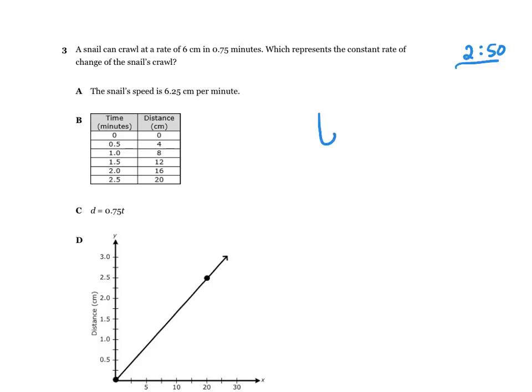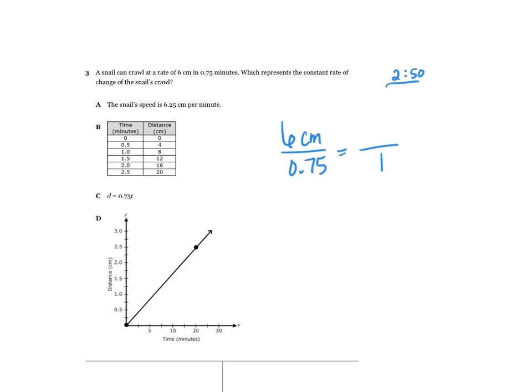I told my guys I would set it up as a proportion and find what it is for 1, because that's going to give me a truer test, or find where it crosses on here at 6 centimeters and 0.75 seconds. 6 centimeters wouldn't even be on this chart, would it? So can we even tell? But I'm going to find for 1.